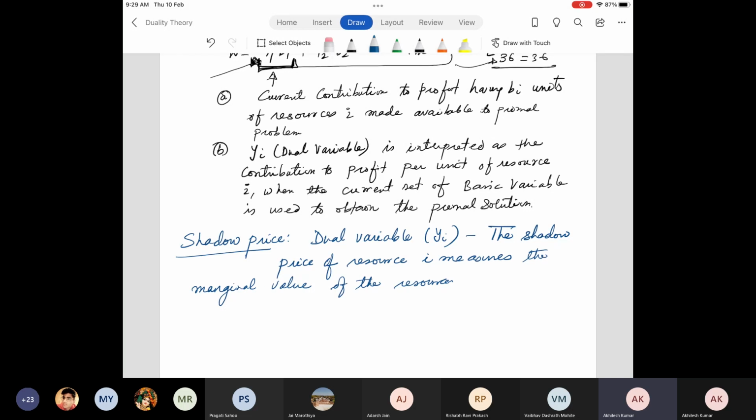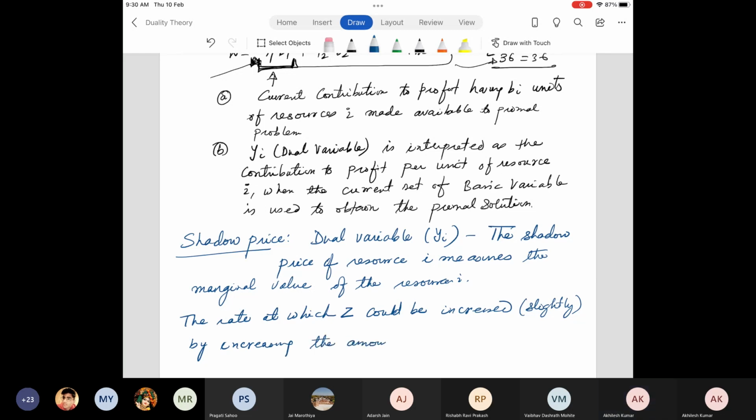Or in terms of our algebraic language, the rate at which G could be increased slightly, you cannot make a much bigger move because that may change your basic variables, by increasing the amount of resource BI being made available.